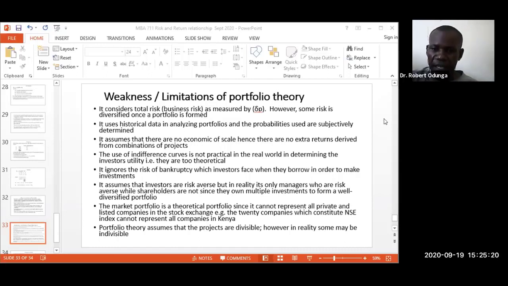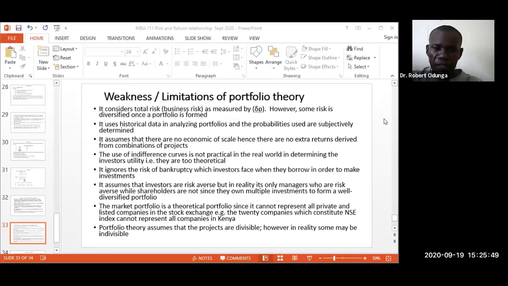But that is not economically viable because of accessibility to information. It would be too costly. The cost-benefit analysis does not allow that. So you rather just come up with an indicator that can serve for all and be used as a basis to apply to others whose information may not be easily accessible.